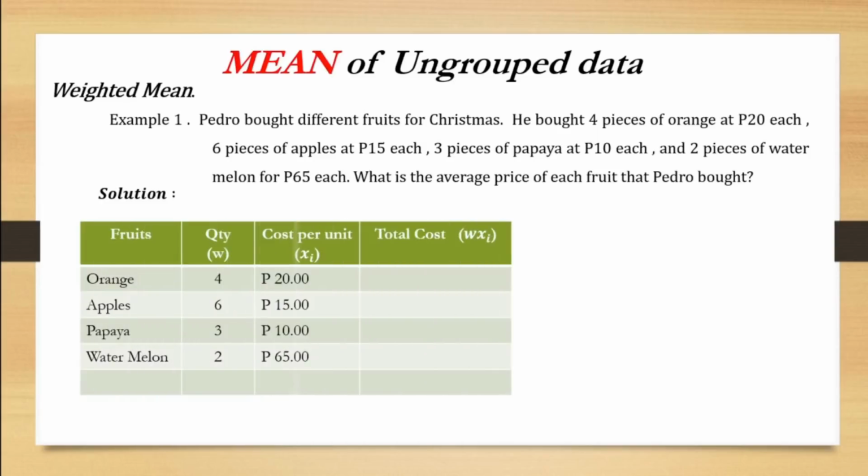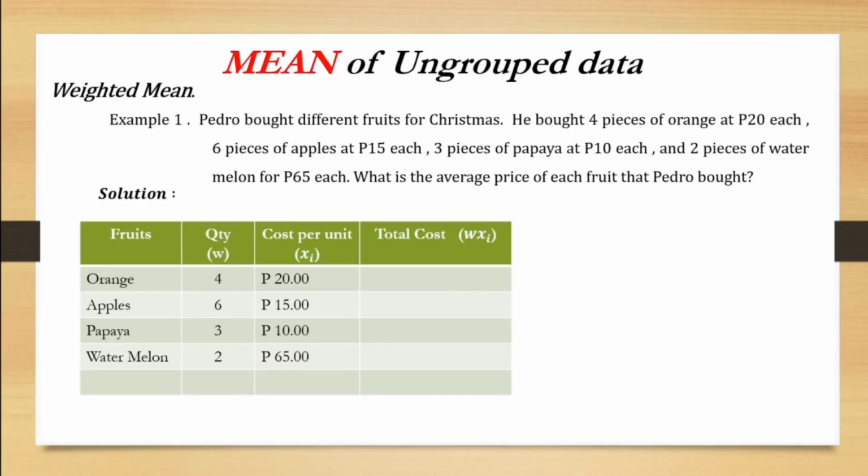Okay, the solution. We are going to assign it in a table so that we can easily identify the weighted mean. For the first column, we have the fruits. The second column is for the quantity, which is the weight, and the cost per unit for the third column, which is our x sub i.